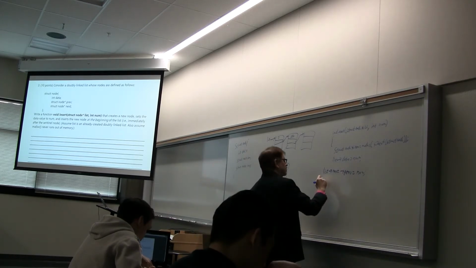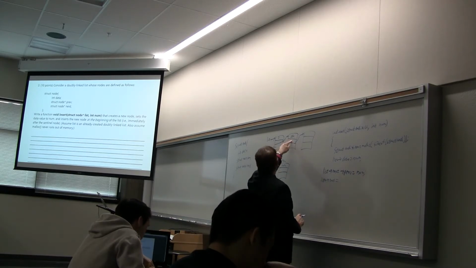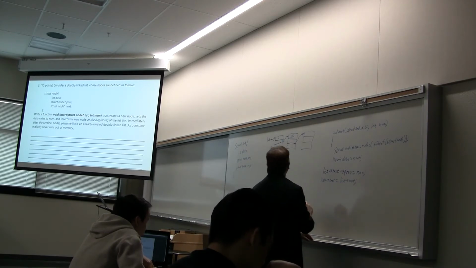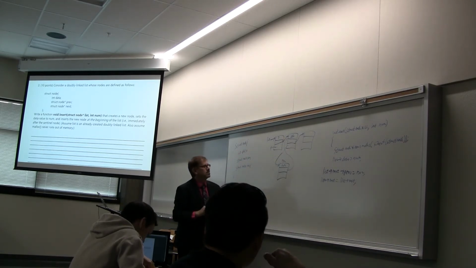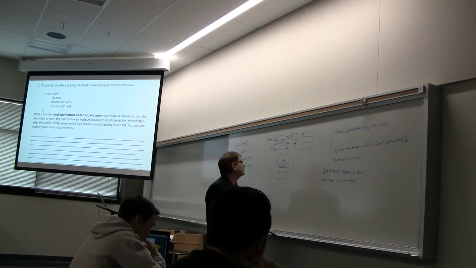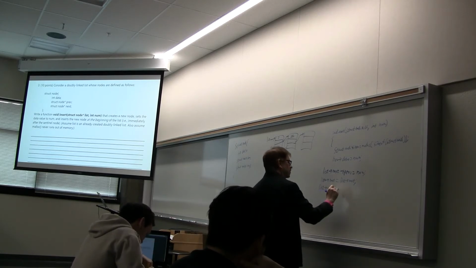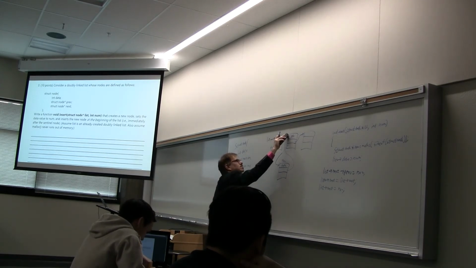So I can say new next equals, how do I find my first node? It's just list arrow next. So that sets this to point over to here. And now we're done playing with that node, so we can modulate the other fields as we like. So list next equals new. And that takes list and has it point to our new node.